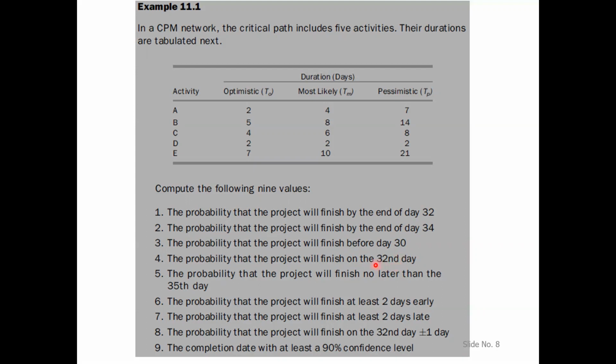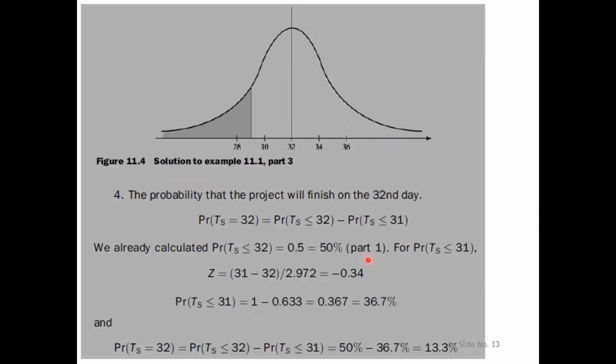Yes. So it will mean what has been done over here. The probability that the project will finish on the 32nd day will be the probability of completing the project on or before the 32nd day minus the probability of finishing the project on or before the 31st day.